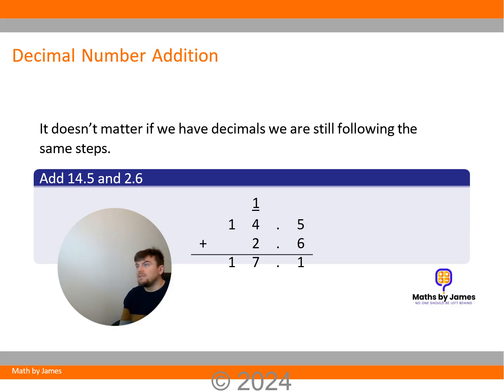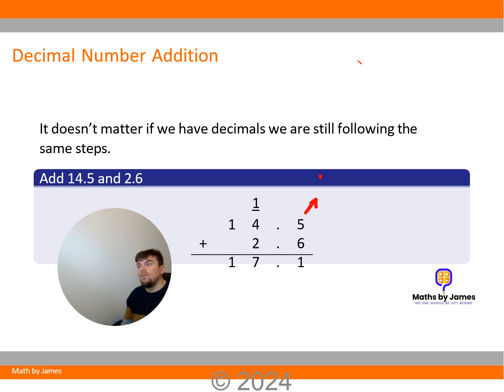So decimal addition, it doesn't matter. We still follow the same steps, and this is why place value is really important to learn, because we need to line our decimals up correctly. So you notice here we've got our decimals lined up, and we need to then also line our tenths up.